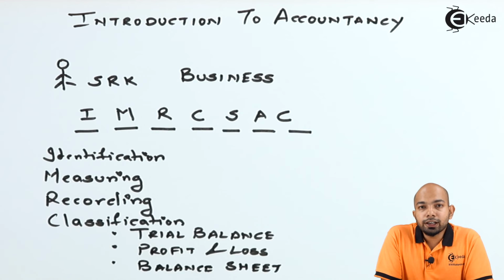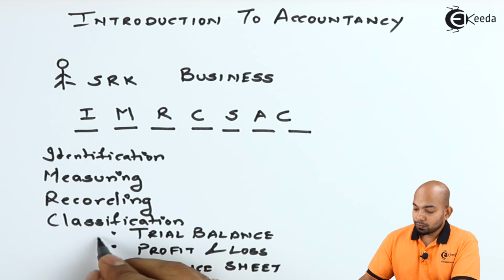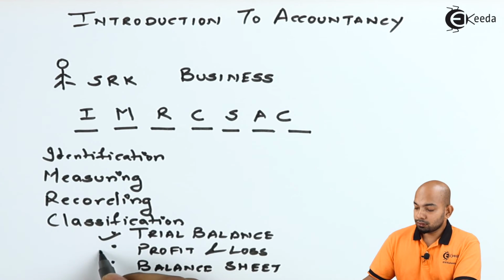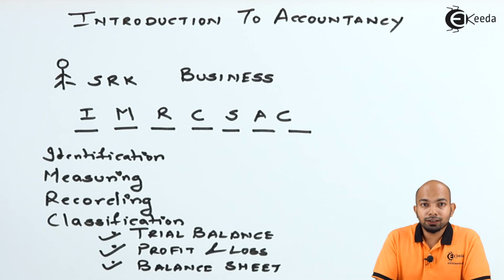Now, when you have identified your transaction, classified it into monetary terms, recorded that transaction, and classified these transactions into different books, that is the three books that I've mentioned down here: trial balance, profit and loss account, balance sheet.